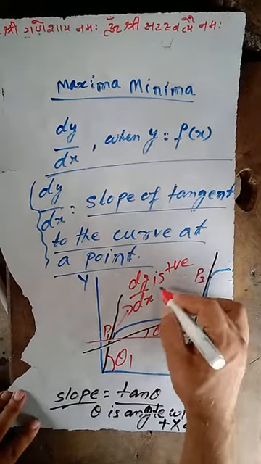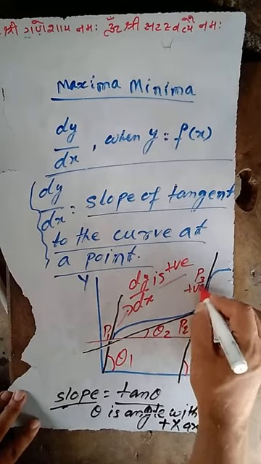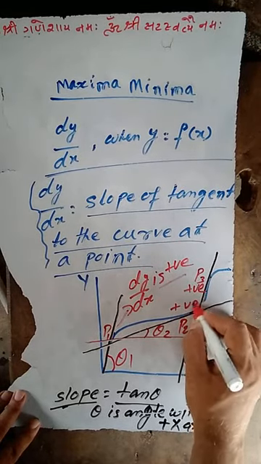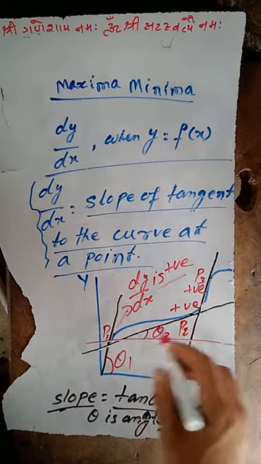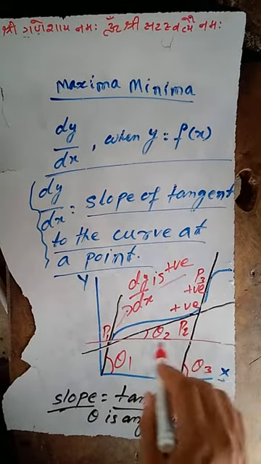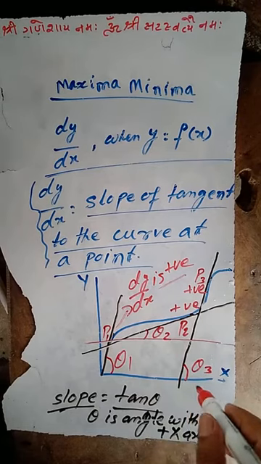So dy by dx is positive here, here and here. In all these graphs we find dy by dx positive.